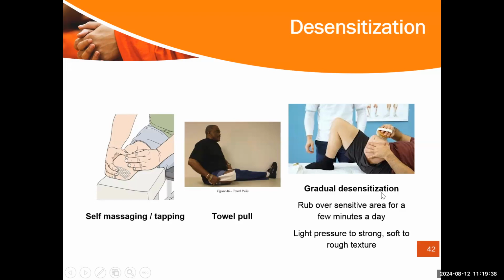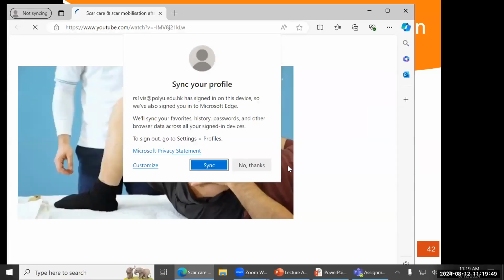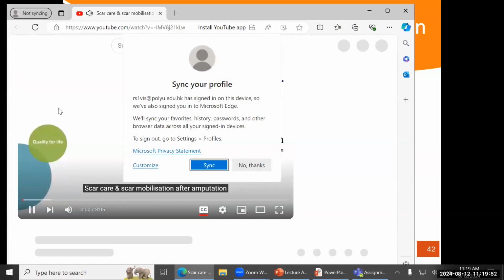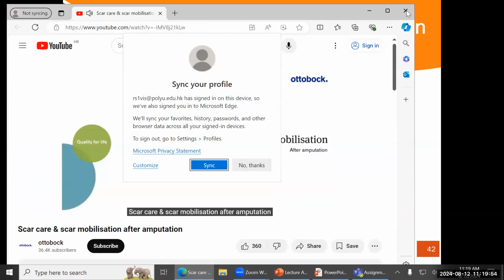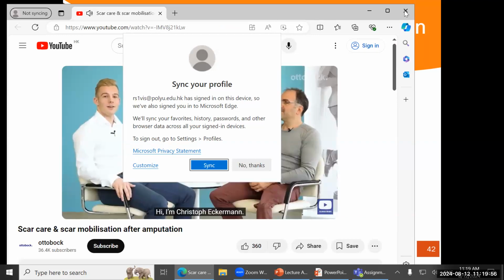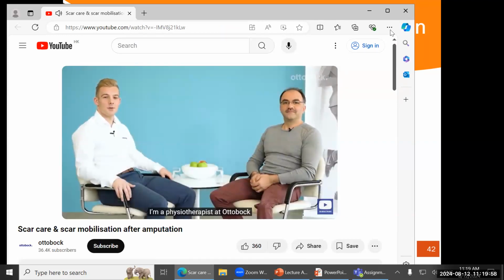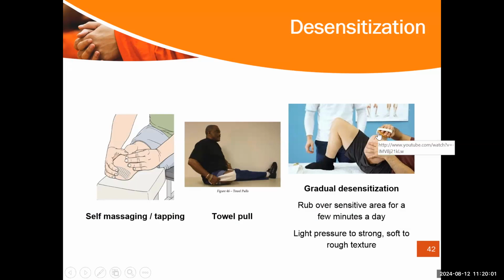And of course, desensitization is another area we want to work on, by using a brush. You just find a brush and brush, but not too hard. And if there's no brush, you just give a towel. The towel is for rubbing.